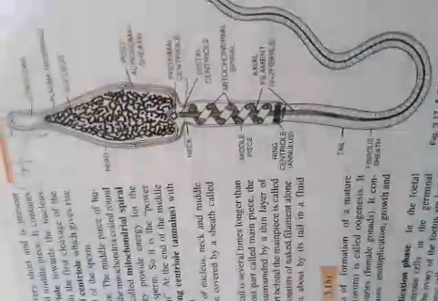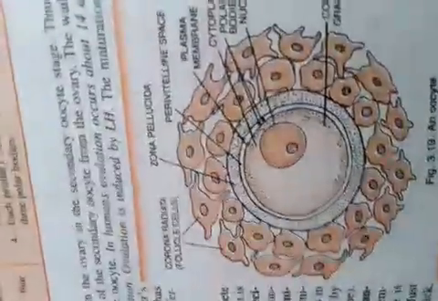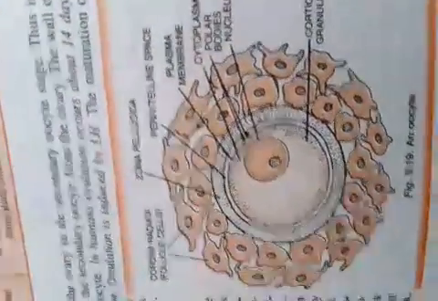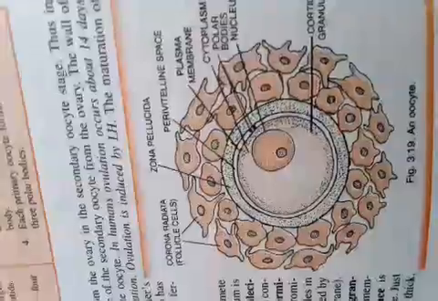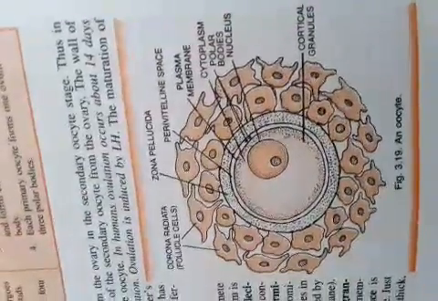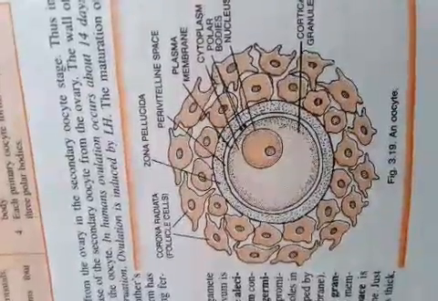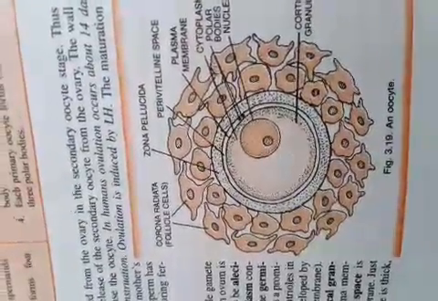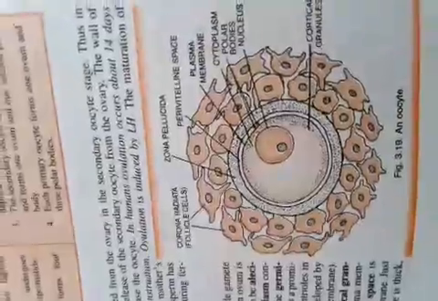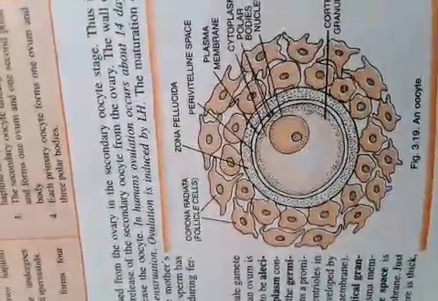So next and most important is the structure of the ovum or the oocyte. As it is shown, it comprises a mature ovum. The ovum is the female genital cell or gamete, which is spherical in shape.